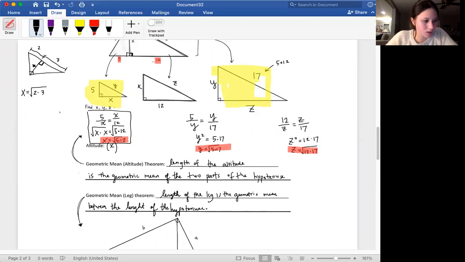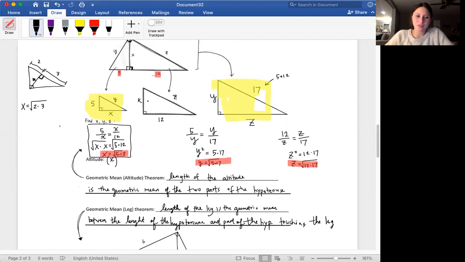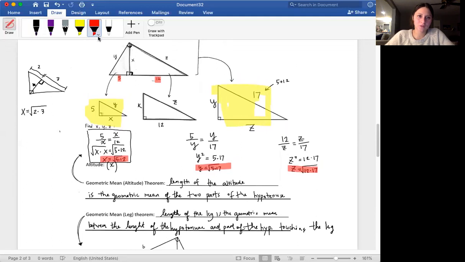So we'll talk about this. I'm just going to say the part of the hypotenuse adjacent to the leg or touching the leg. So looking at these two parts here, that follows the leg theorem.